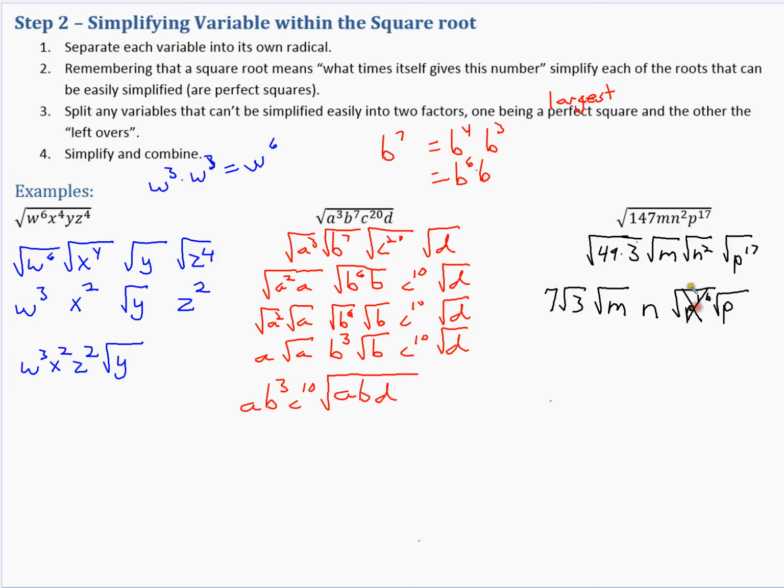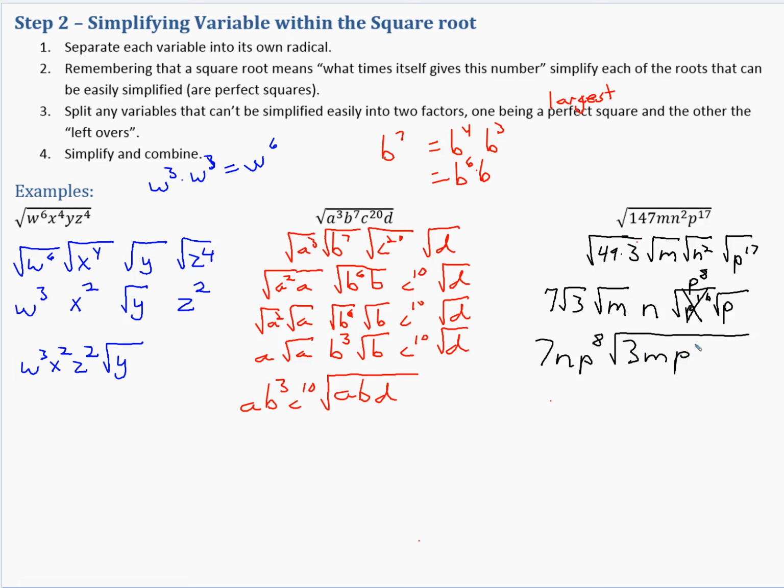Well, that is p to the 8th. And now what we can do is take anything outside or not in a radical. So we have a 7, an n, and a p to the 8th. And then inside the radicals, we put the 3, m, p. And that is our simplified version of that one.